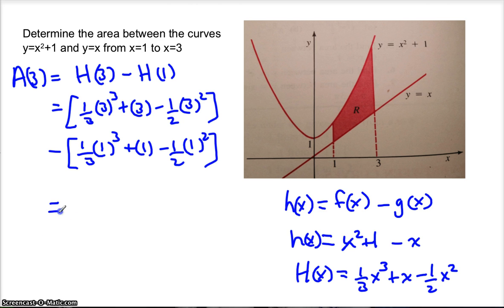Let's figure it out. Starting up here, 3 cubed is 27, divided by 3 is 9, plus 3. 3 squared is 9, divided by 2 is 9/2. Subtract. 1 cubed is 1, 1/3 of that is 1/3, plus 1.